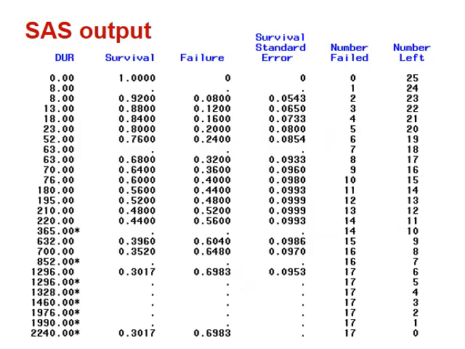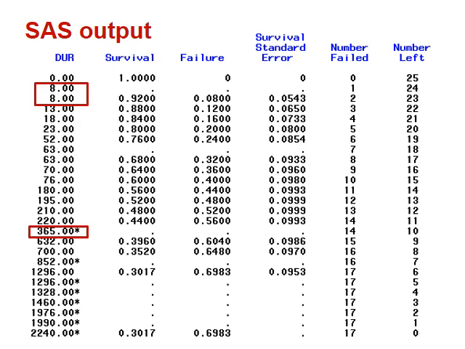From this survival output as well, you can see that the probability of surviving at least 8 days is 0.92, and the first censored observation is at 365 days, indicated by the asterisk.